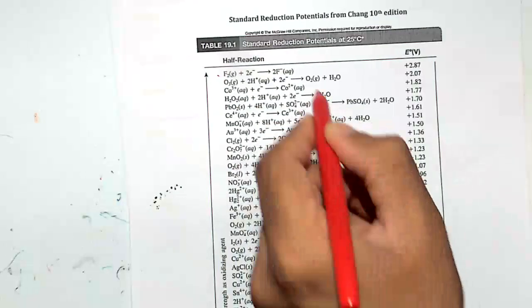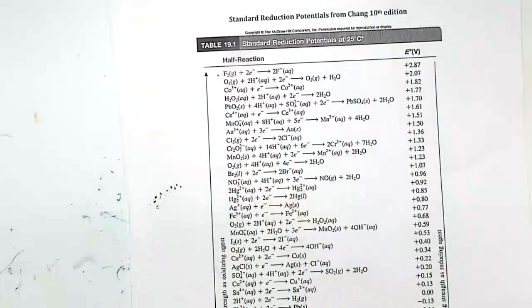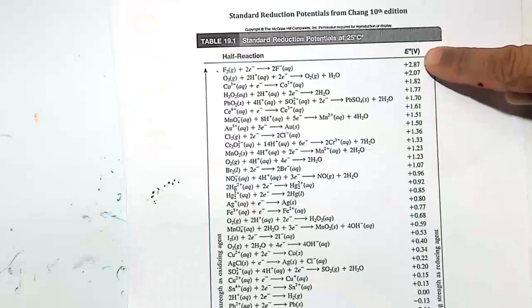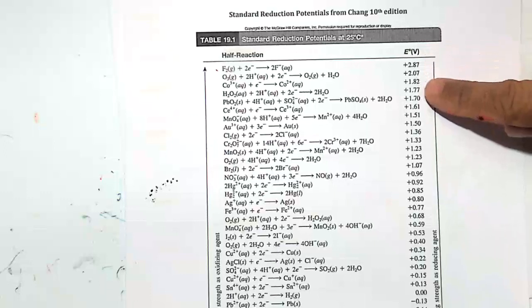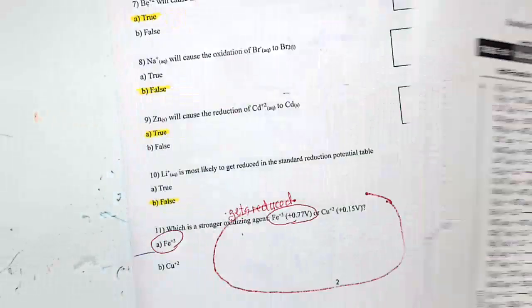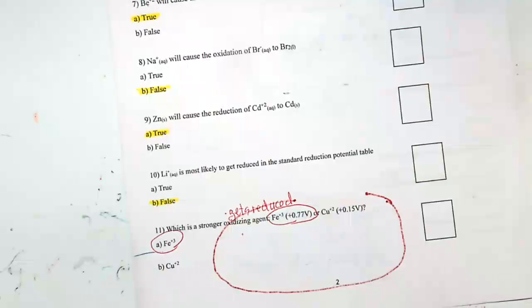It gets reduced the best and oxidizes everything below it. Everything in this list below it gets oxidized. So the more positive, the better it is as an oxidizing agent. Like I said before, this can flip and oxidize everything below it in this list. All right, let's move on to page 3 here.